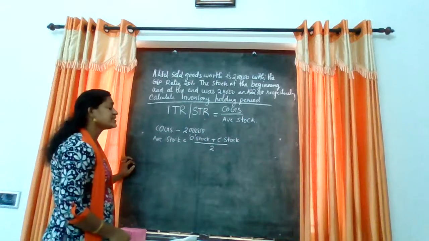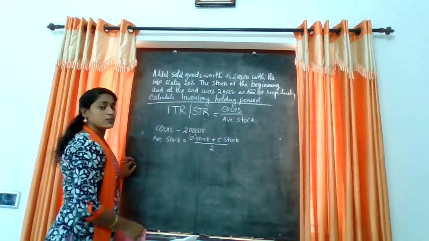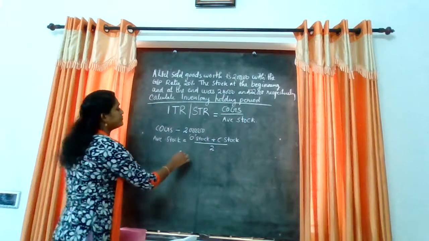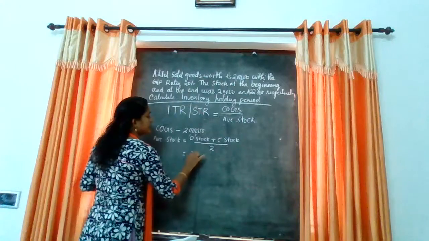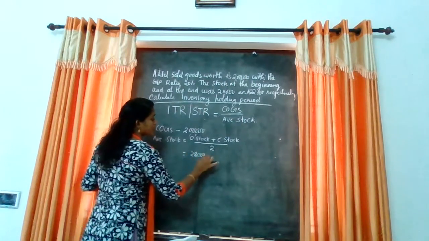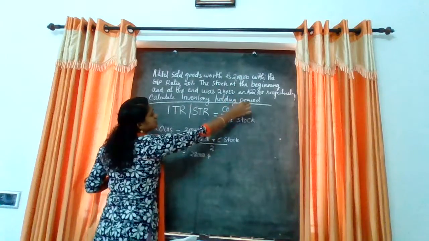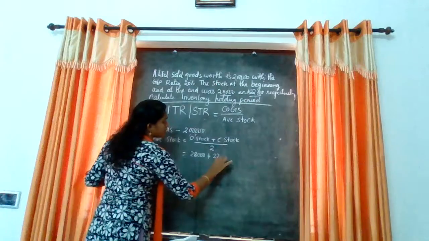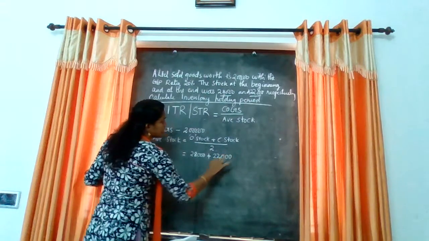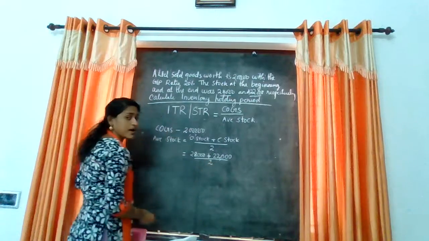Opening stock amounted to rupees 28,000, closing stock was 22,000, whole divided by 2.